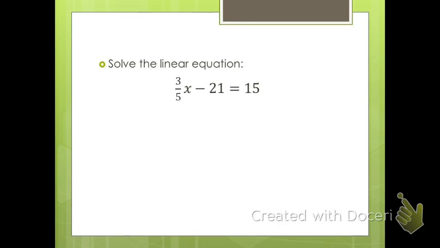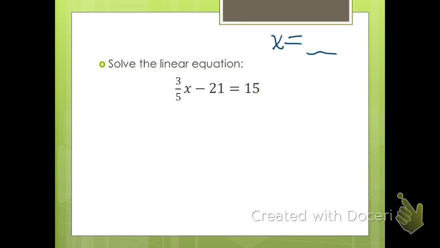Okay, here's another equation. When you're doing these, remember that our goal is always to get the equation transformed into x equals some number. And then we can immediately read what the solution is because it gives us the value for x.